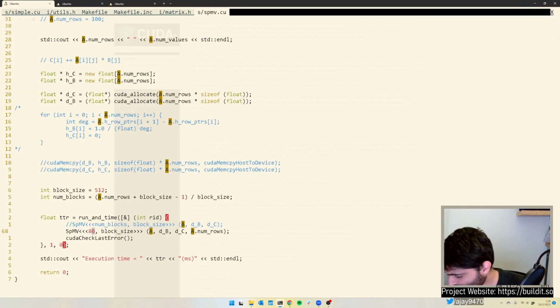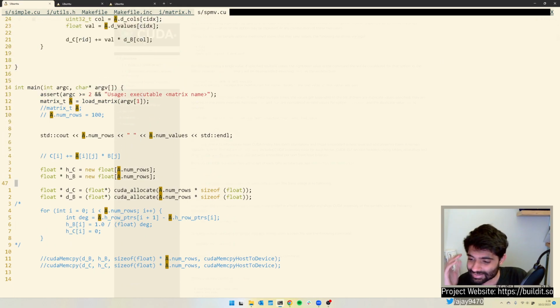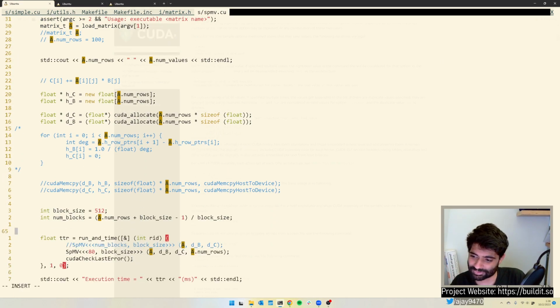Okay, here's what I'm going to do. I'm going to change this code a little bit. Oh God, why is this so hard? Instead of launching more blocks, which I don't know why is it wrong, num rows plus block size minus 1 divided by block size. Hold on, let me, num rows.